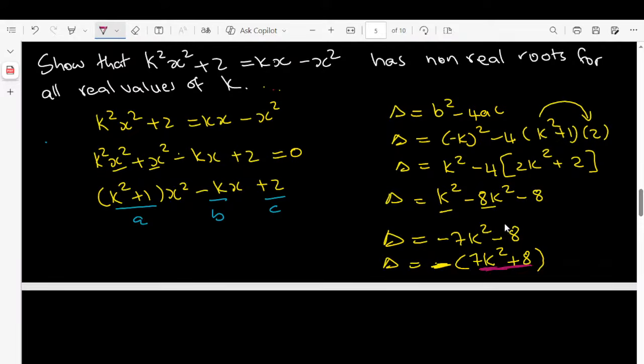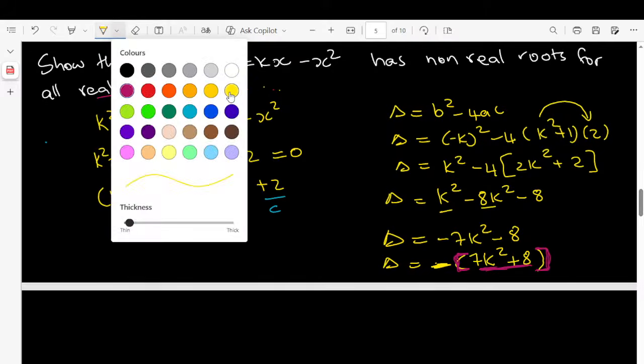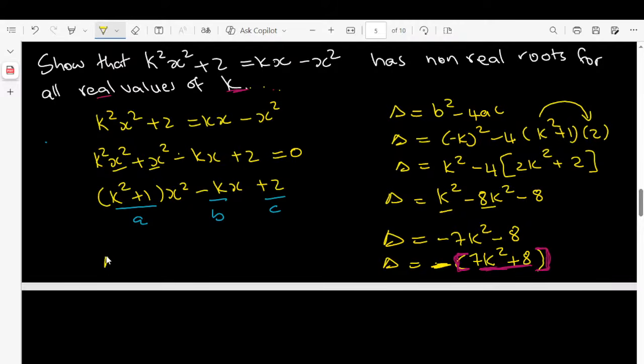Whatever value of k, any real value of k, whatever we put inside these brackets, the answer will always be positive. But you are multiplying the answer by negative. This gives me the power to say that the discriminant will always be less than 0. So the discriminant is less than 0. So we have proved that this equation has non-real roots for all values of k. Simple. Then we are done.